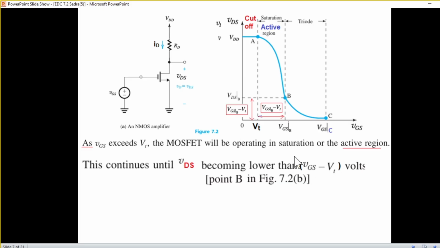Now what does this mean? You see this length is VGSB. If we take B as a reference, then this will be VGSB minus VT.